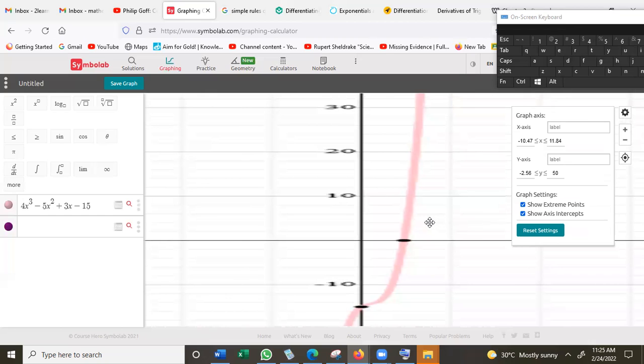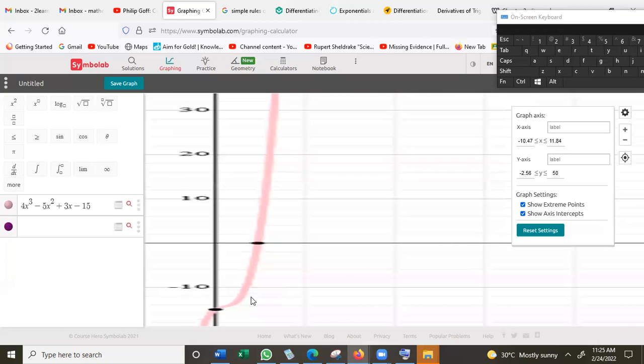As far as I can see, the gradient is positive.